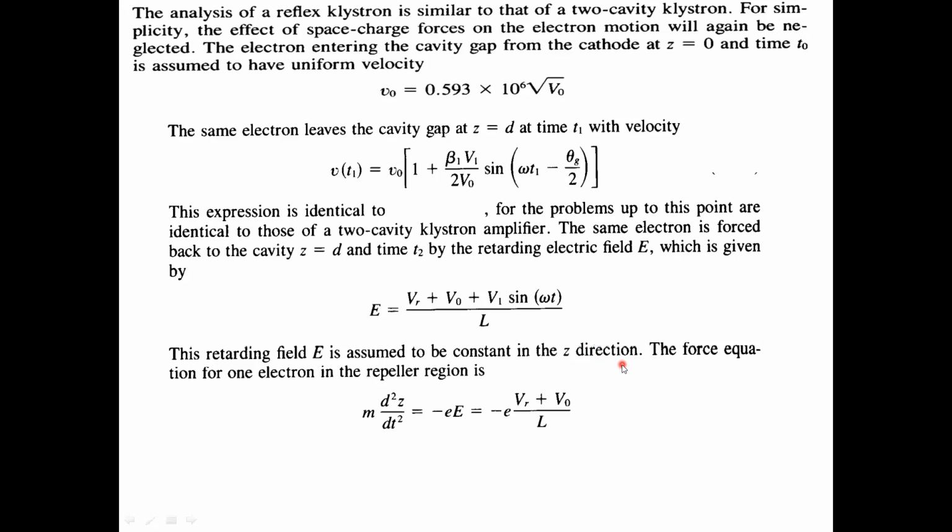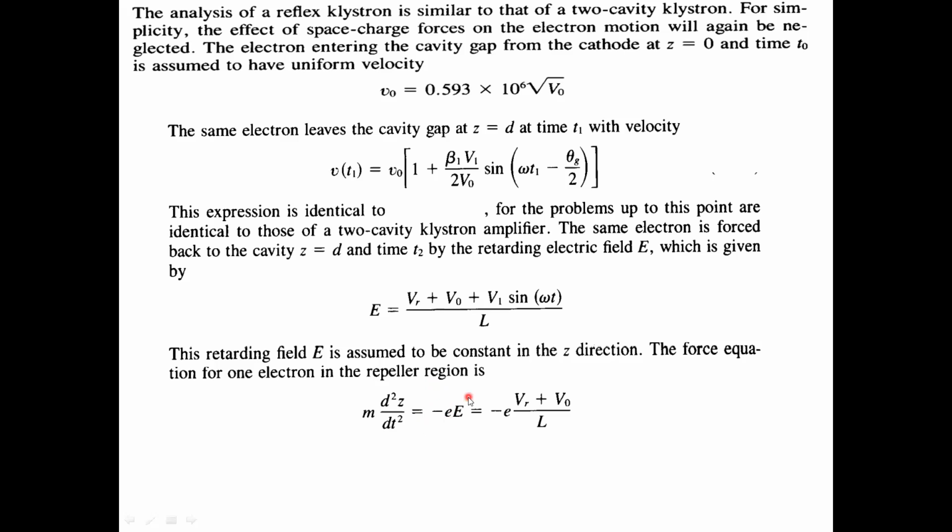Therefore we are writing the force equation for the repulsive electrons generated in the repeller space provided by the repeller. So that should be taken here as a derivative part. The force equation: m into the double derivative d square z by dt square equals minus e into capital E. Clear?